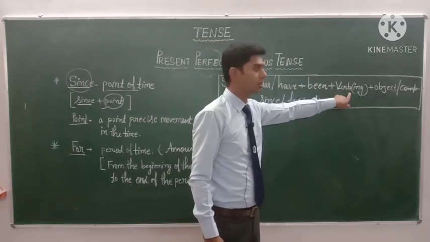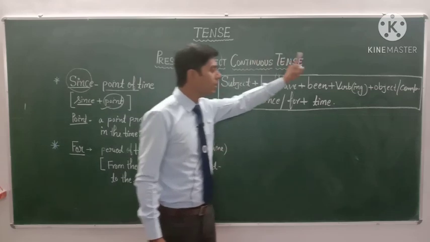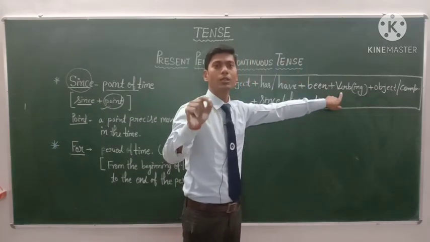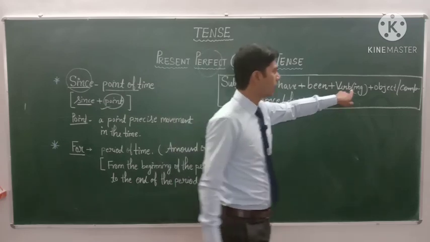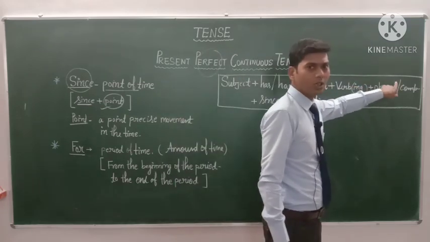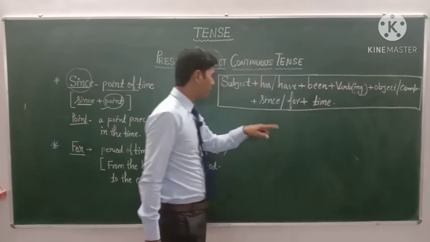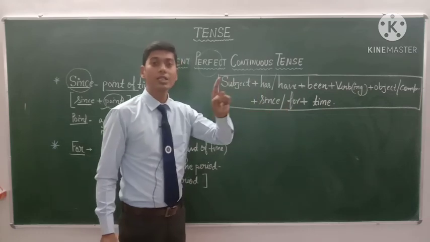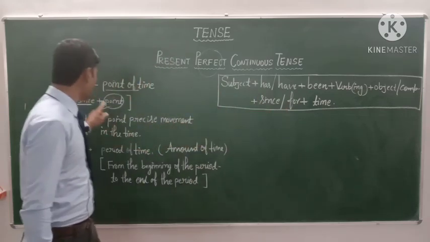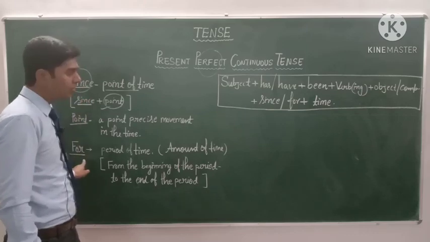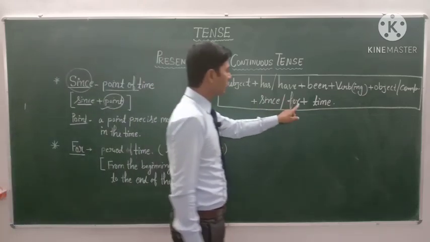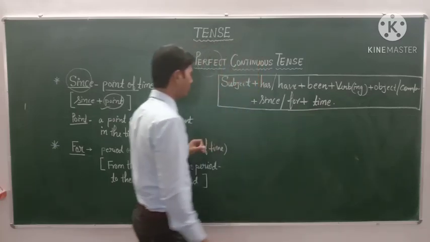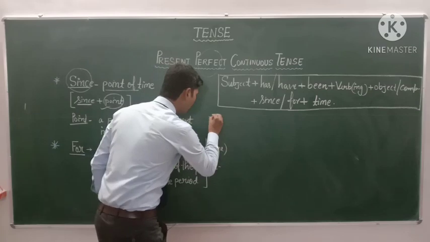It means it is continuous, so there will be verb ing, the present participle form of the verb, right? After that, there should be object or complement, and then there should be since or for, as per the sense. I mentioned here the sense of since and for, and after that the time, whatever is given there. Okay, so note down some examples.